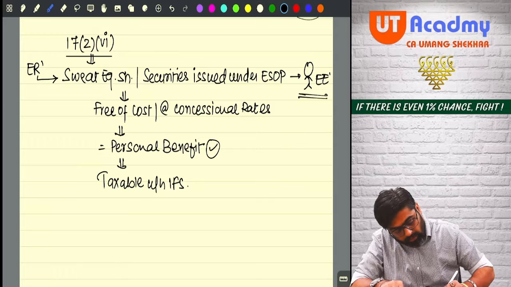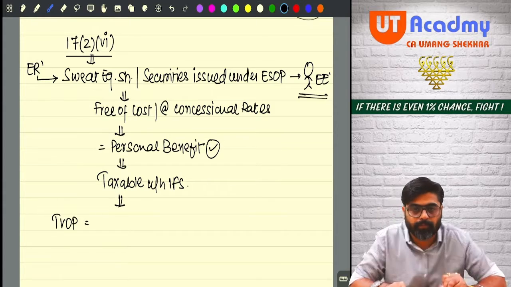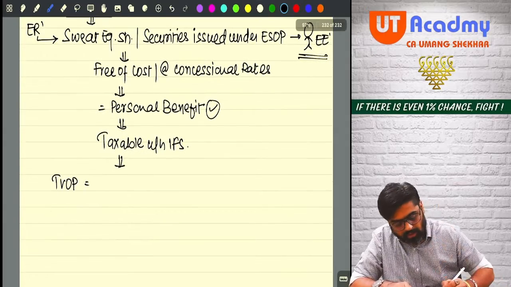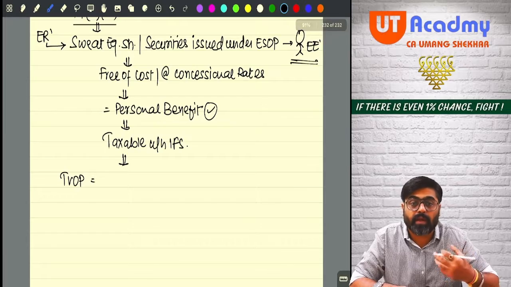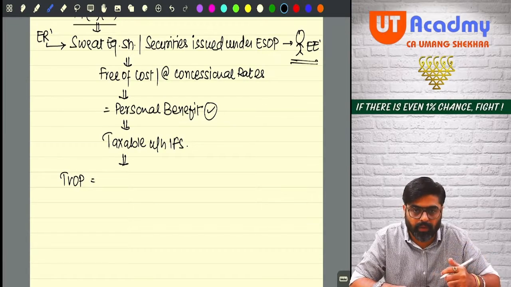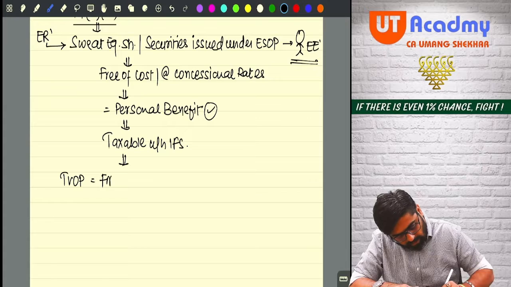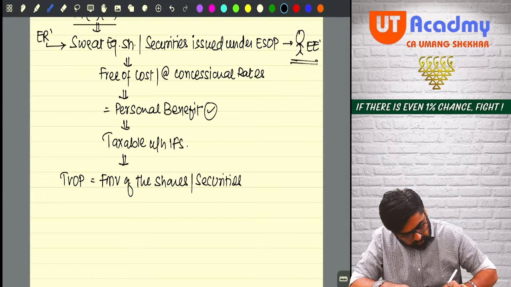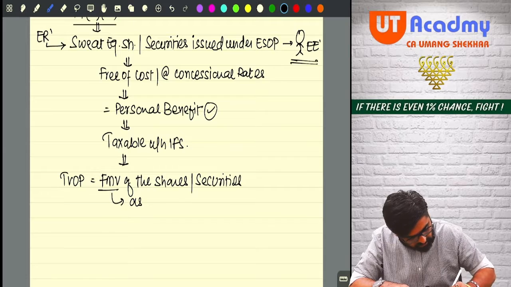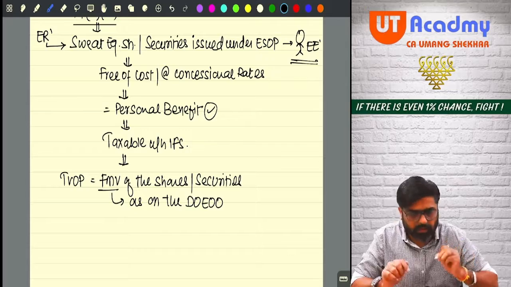Now what will be the taxable value? What will be the taxable value of this perquisite? Okay. So to determine the taxable value, they have said that you have to determine the fair market value of these shares which are given to the employee. So it will be fair market value of the shares or the securities, and this fair market value has to be taken as on the date of exercise of option.